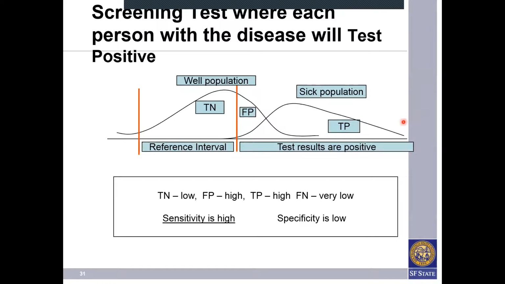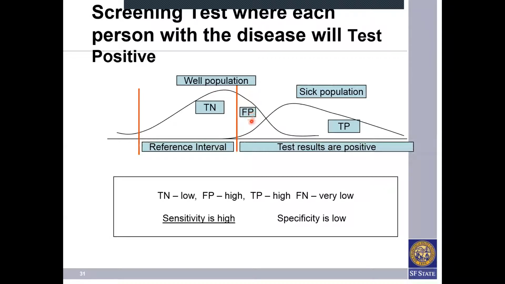Now let's say you want instead to catch a very serious disease that's very treatable if you catch it early. Then you want to be as conservative as you can with your cutoff value, so you establish a reference interval like so. You don't have any false negatives. You're catching all of your sick people, because that's what you want. And you're left as a result with a bunch of false positives.